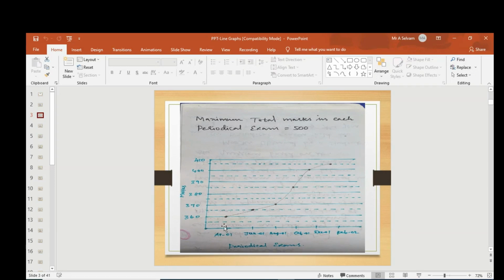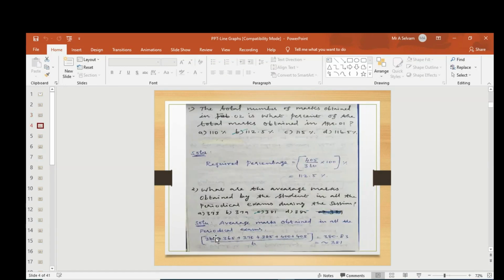So from April onwards, we have to consider June, August, October, December until February. June 2001, how much mark? 365. April 2001, how much mark? 360. We have to compare both and take the percentage.